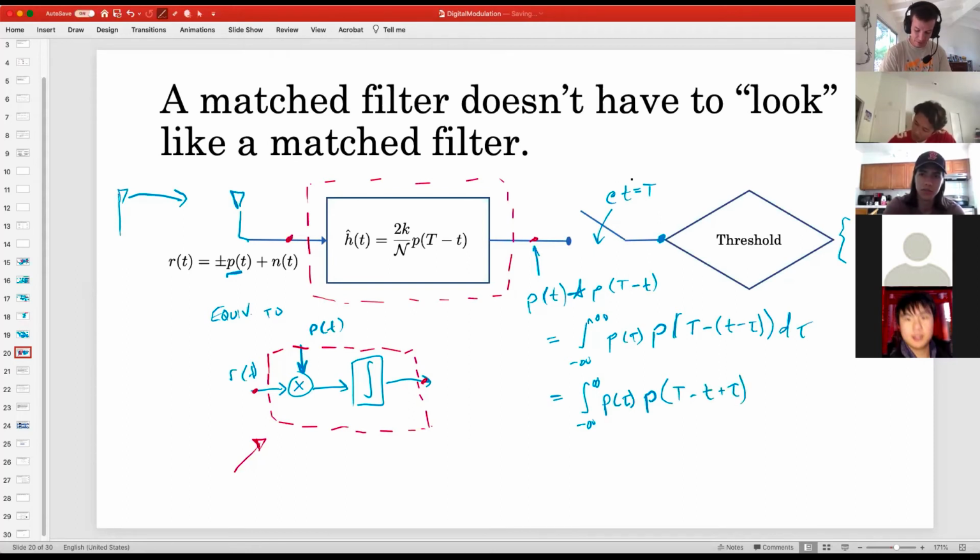And so what should we call this signal? Let's call it y of t. If I evaluate y of little t equals big T, so that's what we're doing here, I plug in a big T everywhere I see a little t, and I get the integral of p of tau times p of tau, d tau.